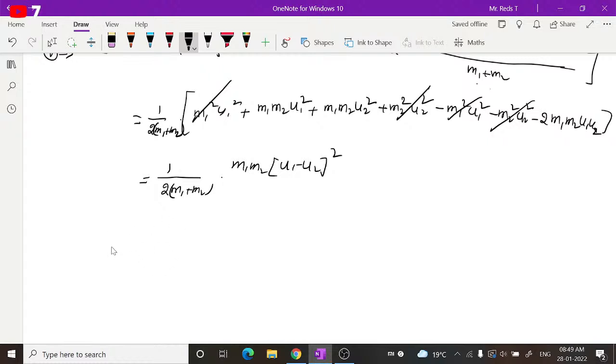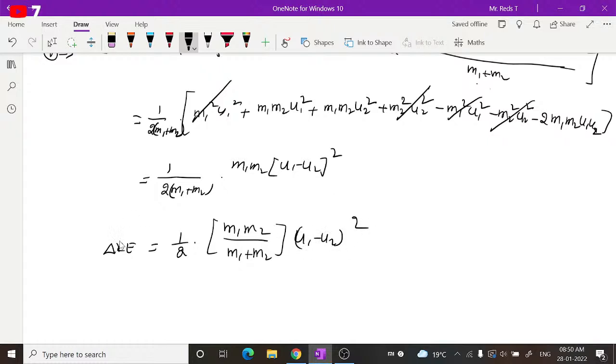So therefore delta KE, loss of kinetic energy, is equal to half into mass term, that is m1 m2 divided by m1 plus m2, into velocity term square, u1 minus u2 whole square.